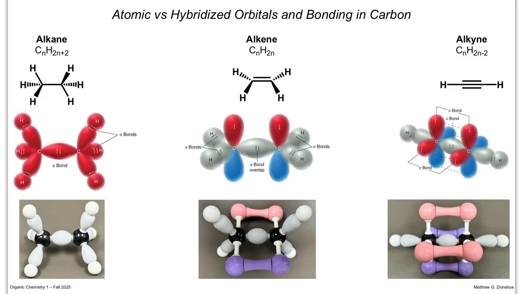So notice that the 3 sigma bonds are all in a plane. So 3, that's the trigonal, and then they're planar. And then of this plane, the p orbital is 90 degrees from that. And so this is your sandwich bun in the bun, and then between here is the node of that pi bond.